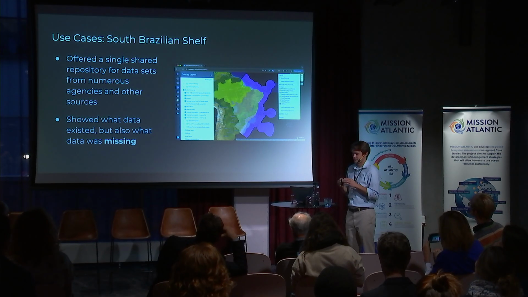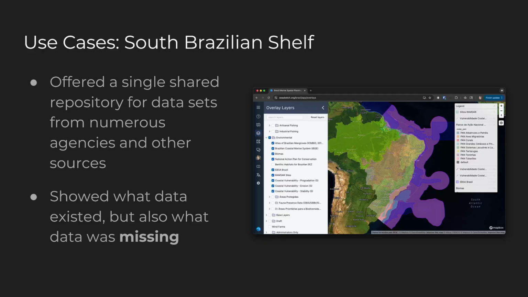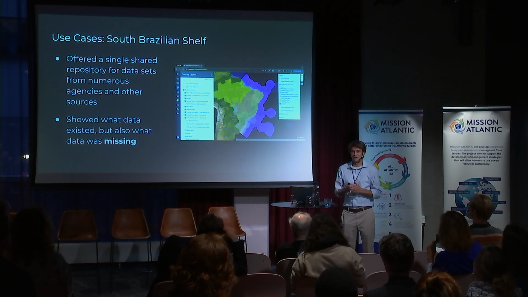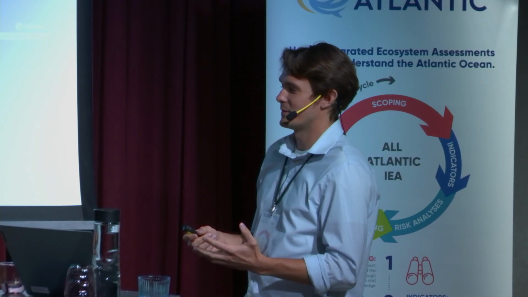So essentially, CSketch offered a single shared repository for data sets like these that were originally from numerous disparate agencies and other sources. And Dr. Marinez Scherer, the lead author on this case study, explained that by compiling all the available data and being able to easily view it on a map in CSketch, it helped the people involved in the project see, one, what data was available and the nature of those data, but also what data were missing, which is perhaps even more important.